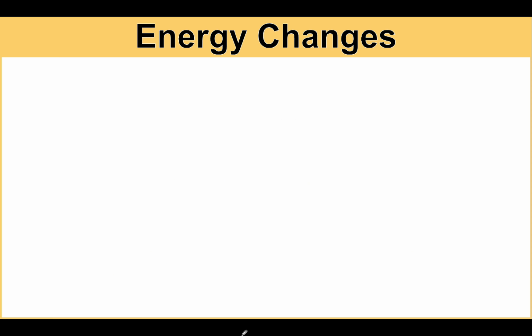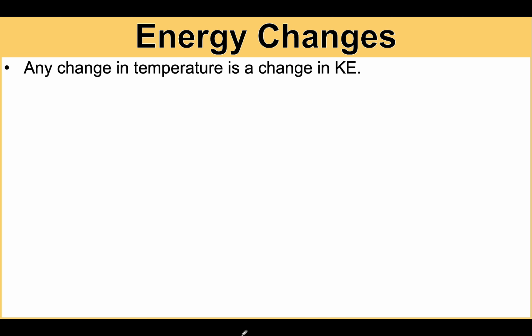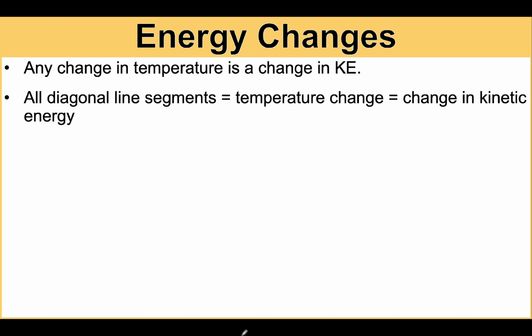To summarize our discussion, since temperature is a measure of average kinetic energy, any change in temperature is a change in kinetic energy. So again, all of the diagonal line segments on a heating or cooling curve show a temperature change, and therefore a change in kinetic energy.